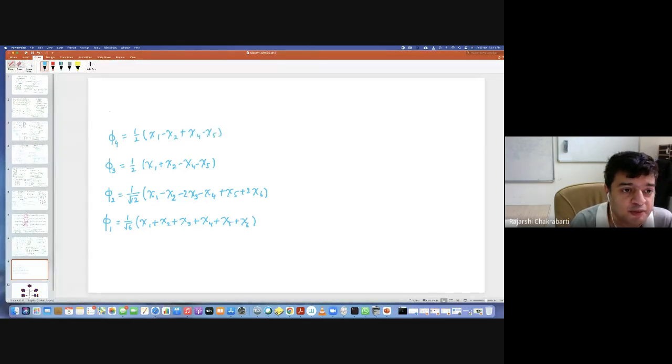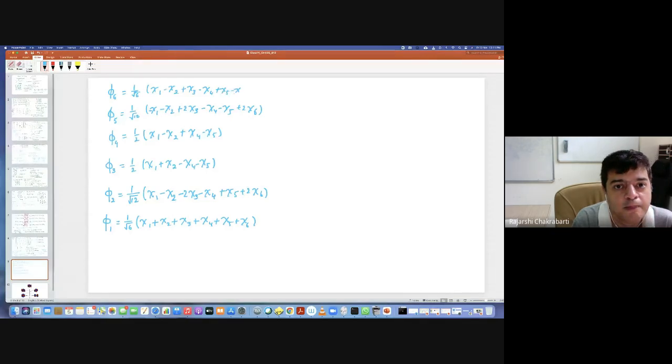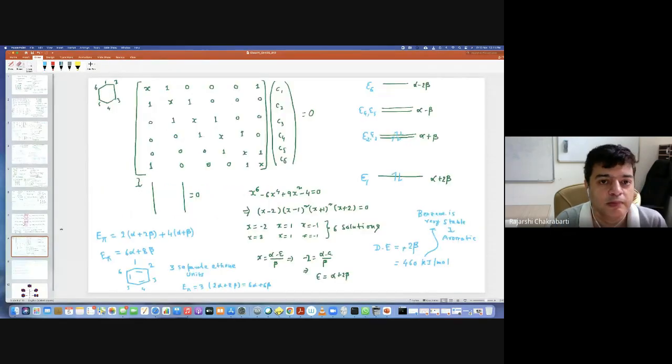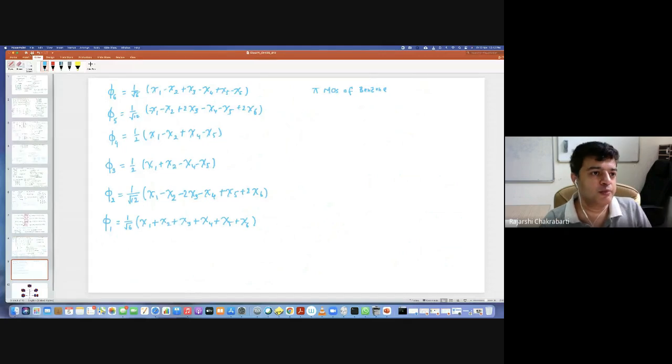And you can calculate, for example, from the expression itself, the nodes. These are the pi MOs of benzene.